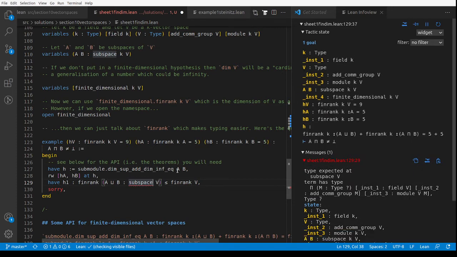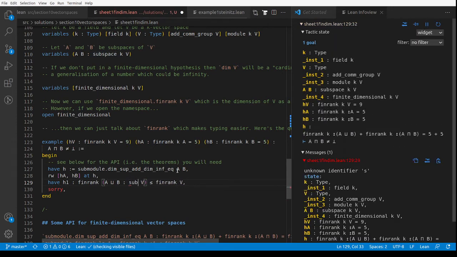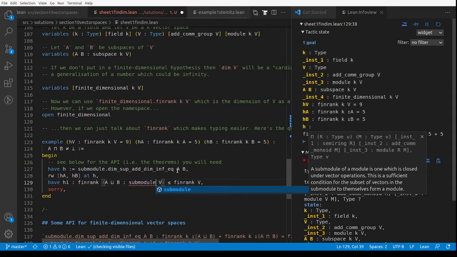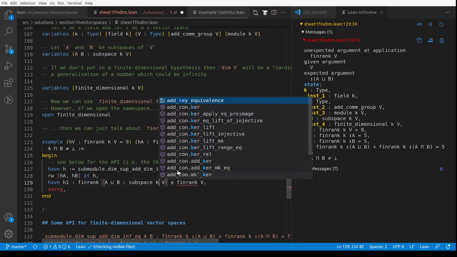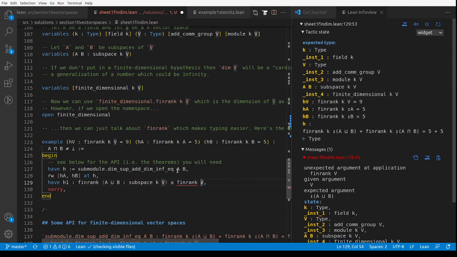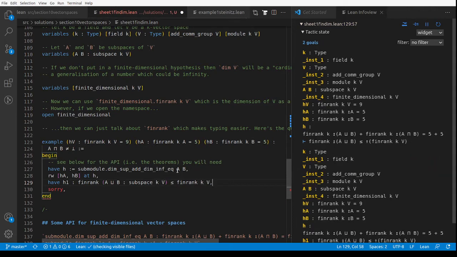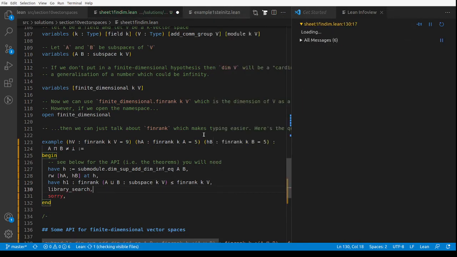And it's not called subspace anymore. Sorry. No, it is called subspace. I've just forgotten the field. Subspace K V. There we go. Is at most fin rank K V. You've got to put the field in always, because of course a complex vector space is also a vector space over the reals, but the dimension doubles. And library search should do that.